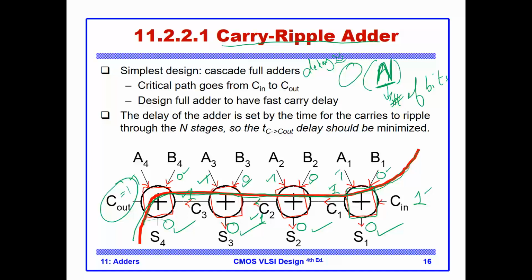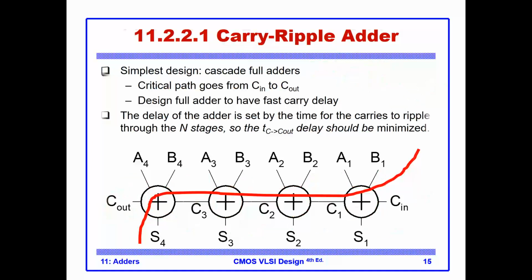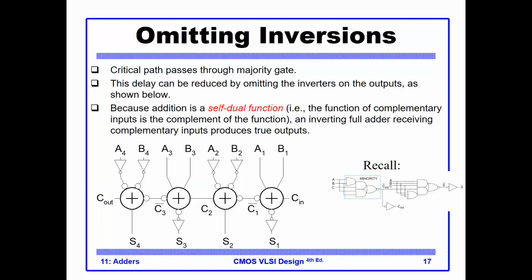But there have been some attempts to improve this delay. One of them is the following. Since this is my critical delay, what I could do is make this path as fast as possible. And when we examined one of the circuits earlier, we found out that we are generating the C out prime very quickly.